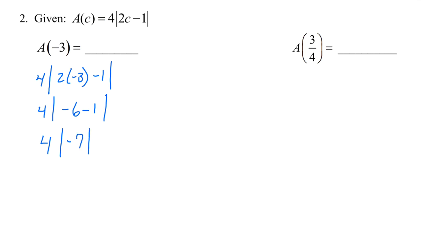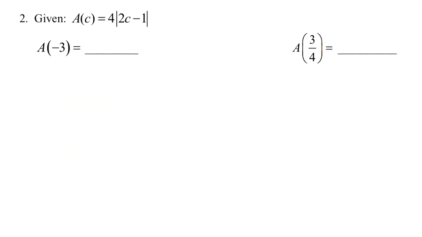That gives us the absolute value of -7, which is 7. And 4 times 7 is 28. And you can do the same kind of thing with the 3/4.